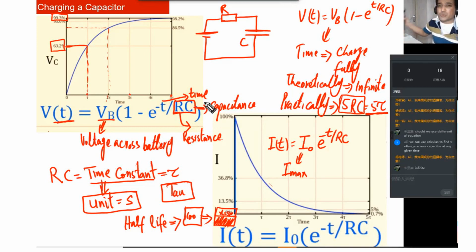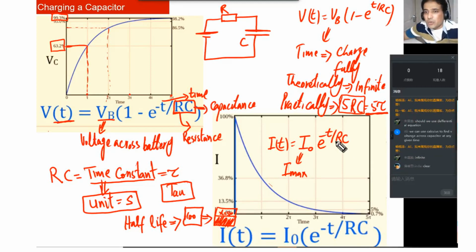If it is clear to you, I will go to discharging now. Let's go to the next one and try to understand discharging.